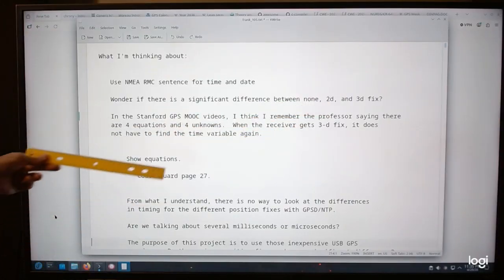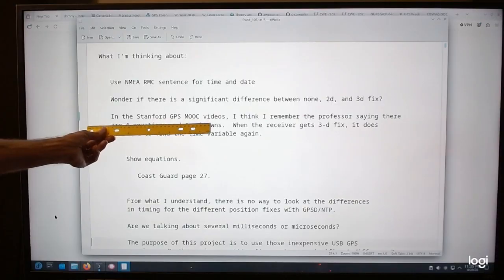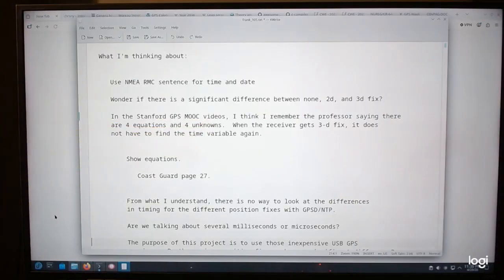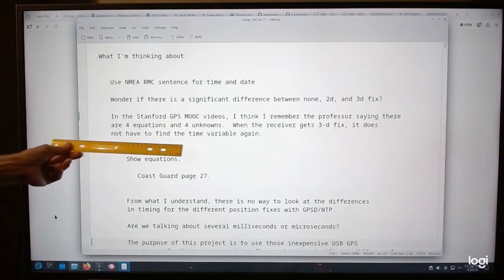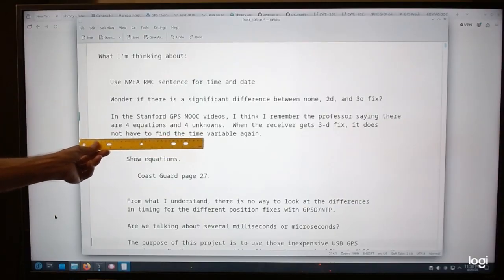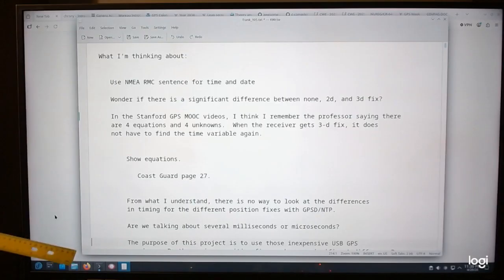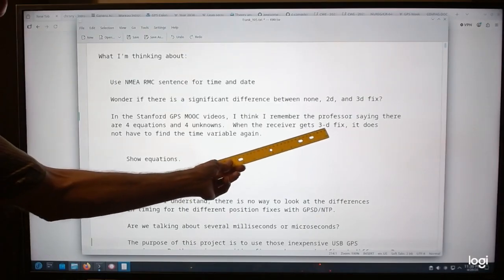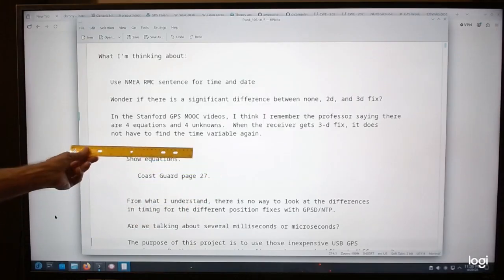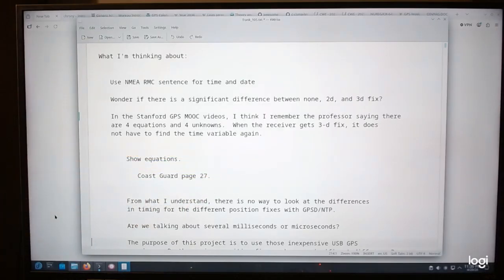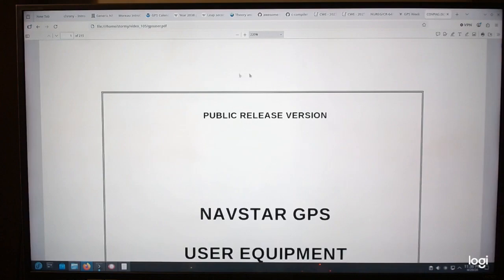When I was watching those Stanford GPS videos, the professor was saying there's 4 equations and 4 unknowns, and when the receiver gets a 3D fix, it does not have to find that time variable again. Now I'm just going to show you the equation that they're talking about.